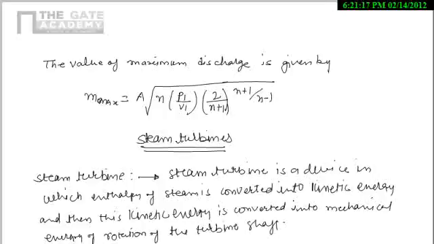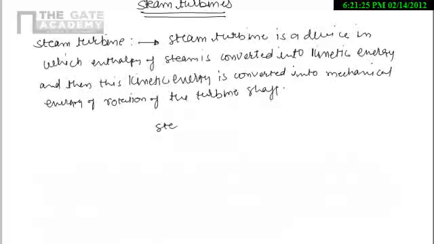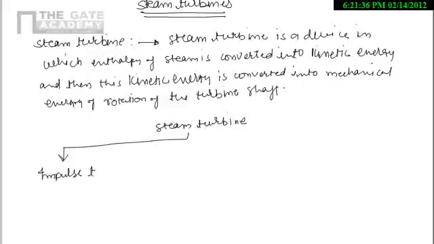So basically there are two kinds of steam turbines. One is impulse turbine and second one is reaction turbine. So I am just classifying the steam turbine here. Steam turbine, one is impulse turbine and second one is reaction turbine.